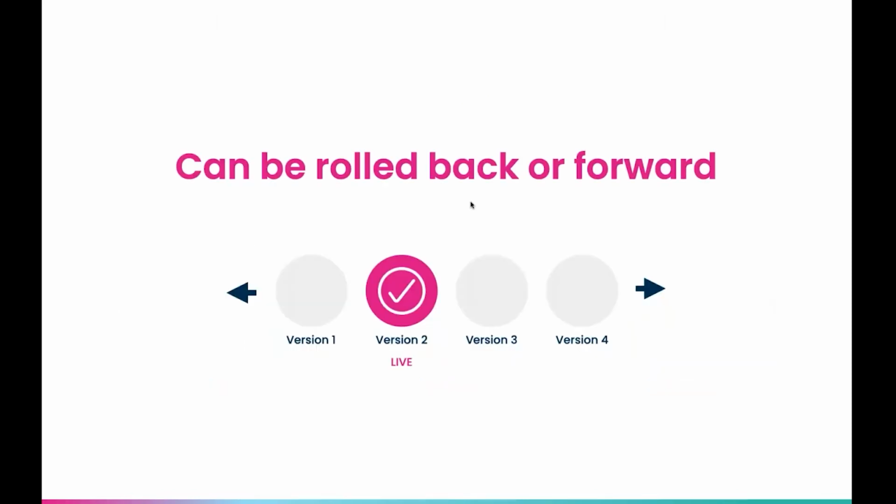If we've got versions, of course, what we can also do is roll these blocks backward and forward pretty much at our will. So if we worked on version 1 and we just released version 2, which is now our live block, and we noticed a problem, then in a second we can just mark it as broken and roll back to version 1.